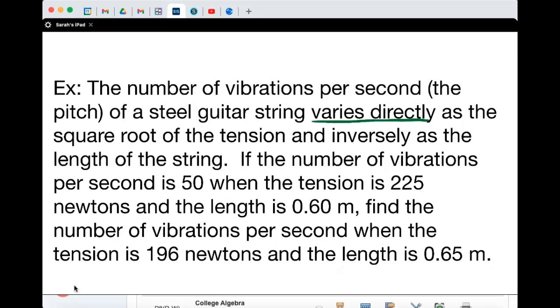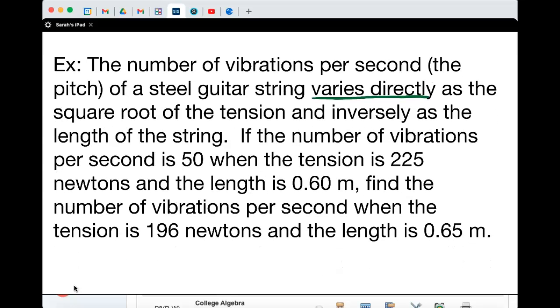So we can use P for pitch equals, and then I have my k value. Then we have the square root of the tension. So how do you want to write that?